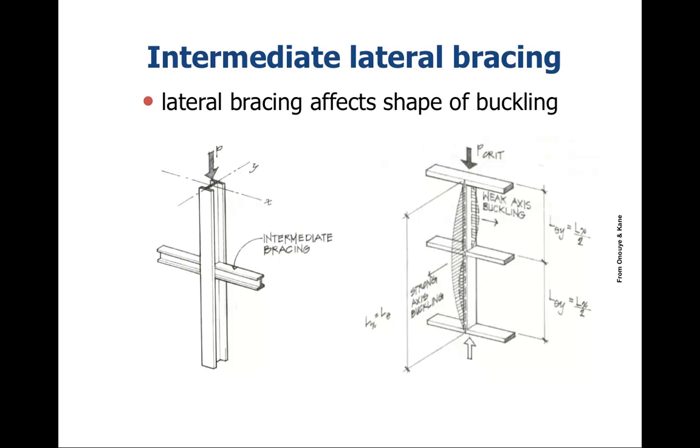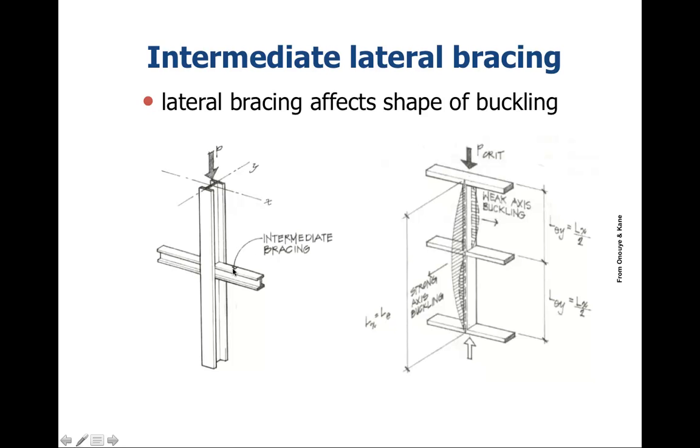Now that we have some idea of how we look at buckling, what can we do about it? Primarily, what can be done is lateral bracing, which limits the effective length. So you have lateral bracing along here. We know this is liable to buckle out like so.